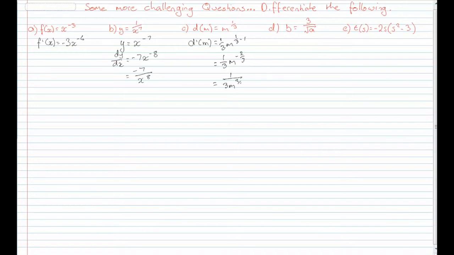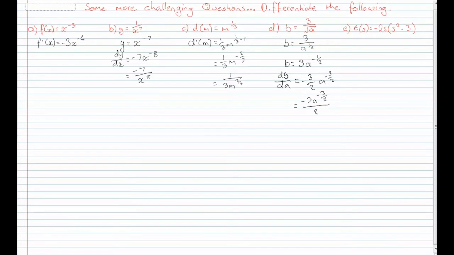This question here, what we need to do is move the a up, so you're going to write b is equal to 3 over a to the power of 1/2. Therefore, b is equal to 3 times a to the power of negative 1/2. Differentiating now, you get change in b, db, over change in a, dA, is equal to negative 1/2 times 3 is negative 3 on 2, times a, negative 1/2 minus 1 is negative 3 on 2, so you end up getting negative 3a, negative 3 on 2 over 2.